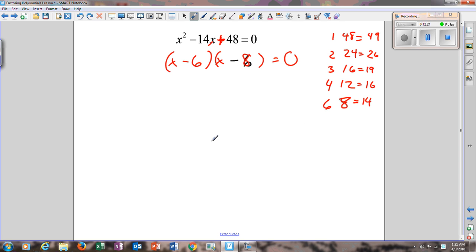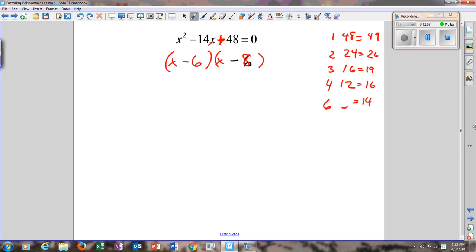Now, sometimes they'll ask you, like, if the root was positive 8, then which could be a factor? And so you're not done yet here because it's set equal to 0. If it wasn't set equal to 0 and it was just this part of it, x squared minus 14x plus 48, then that would give you an answer without this equals 0 here, and you would be done. But it does say equals 0.